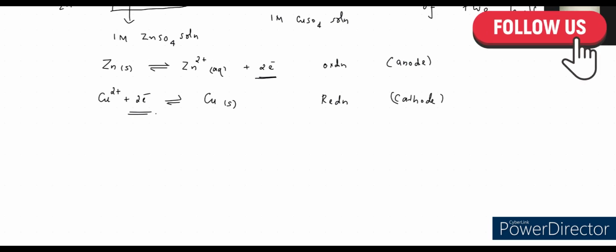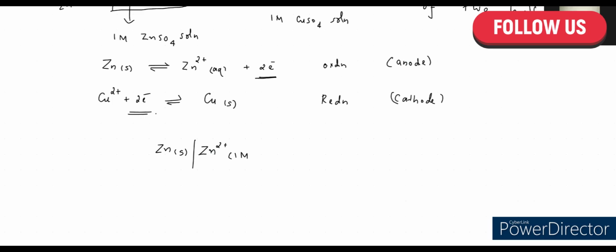In the cell which we discussed, there is zinc at the anode. What is the physical state of zinc? It is in the solid state. Then the ions available adjacent to Zn are Zn2 plus ions, right? And the concentration of the solution we mentioned was 1 molar.